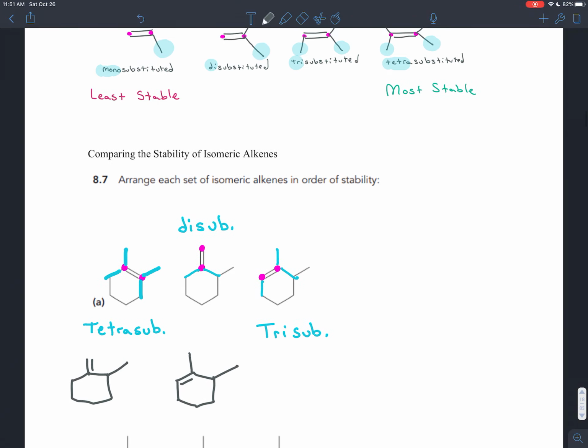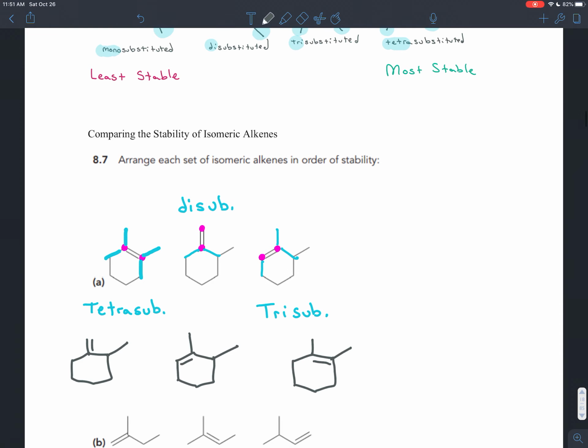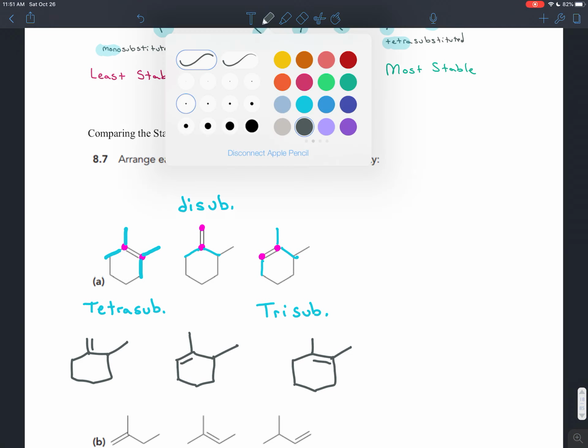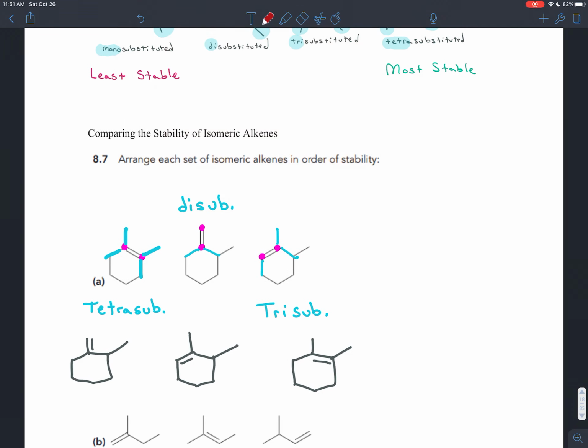That's our second one, and then the most stable is the tetrasubstituted alkene, this one here. So this was least stable because it's the least substituted, and this other one was the most stable because it was the most substituted.